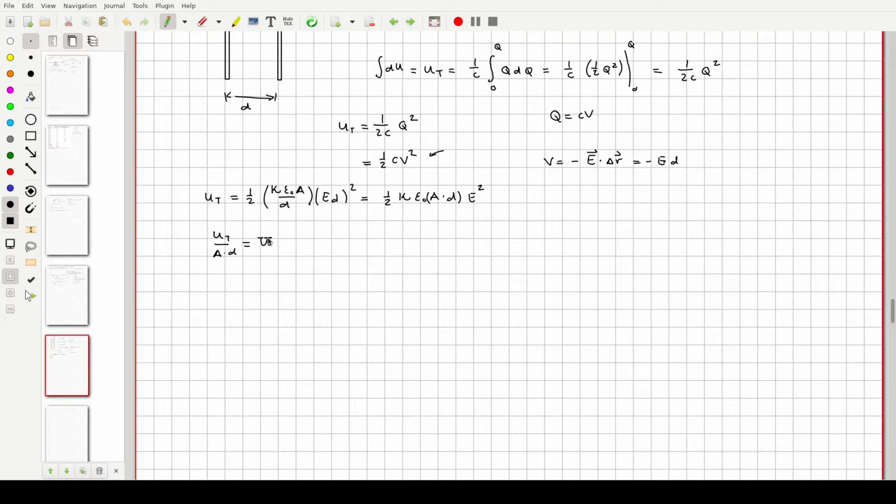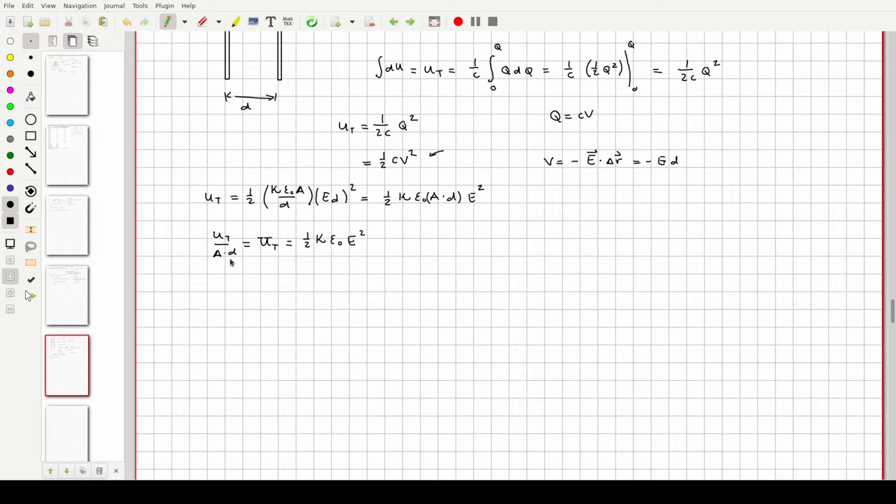It's little lowercase u. This is to make sure it's clear. It's lowercase, right? So this right here would be the total energy density that sits between the plates, and it is 1/2 kappa epsilon naught times the electric field squared.